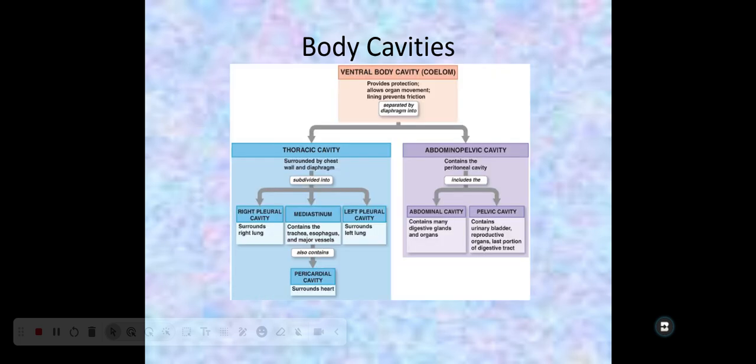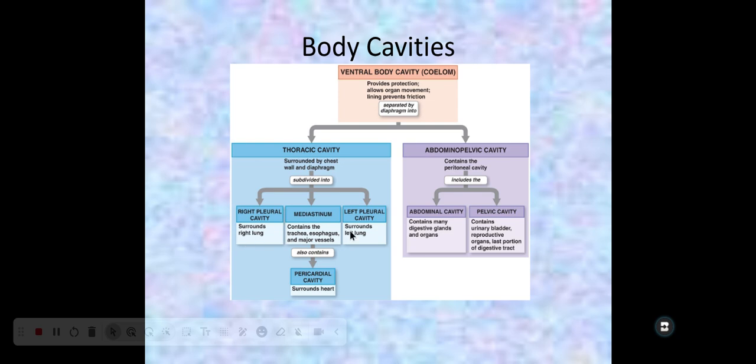Okay, so this is a flow chart of your body cavity. So your ventral body cavity has thoracic and your abdominal pelvic. In the thoracic cavity, you have your right pleural cavity, your mediastinum. Remember, your mediastinum is in the center of the thoracic cavity, and the left pleural cavity.